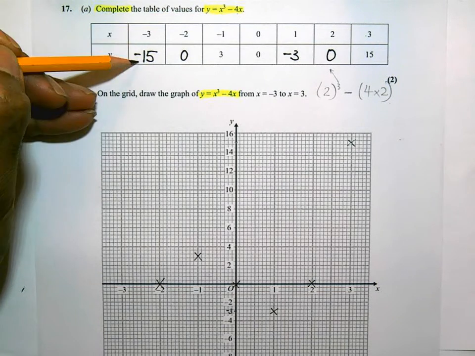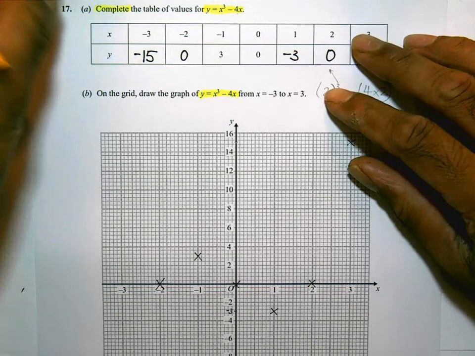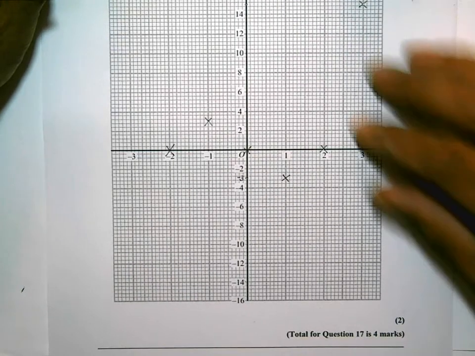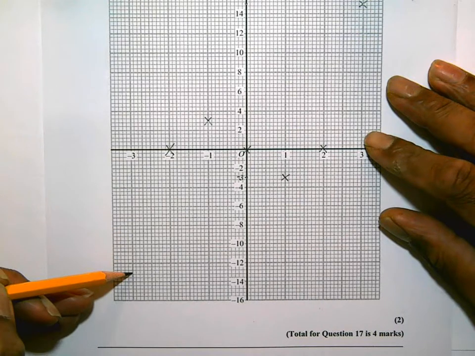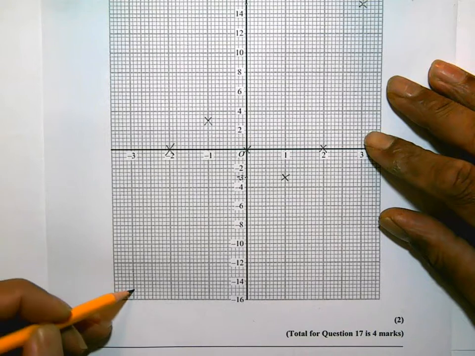I just need to move the sheet up to show where that point is going to be. So when x is minus 3, I need to go all the way down to 15. That's 15 there. So I'm going to put my cross at that point.